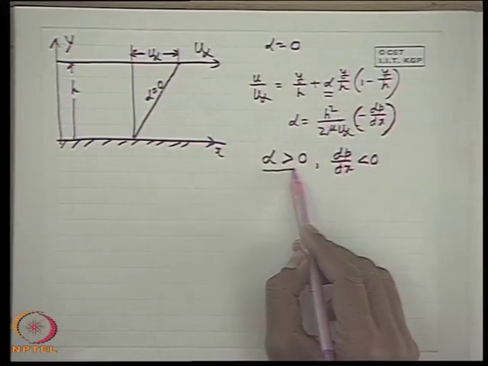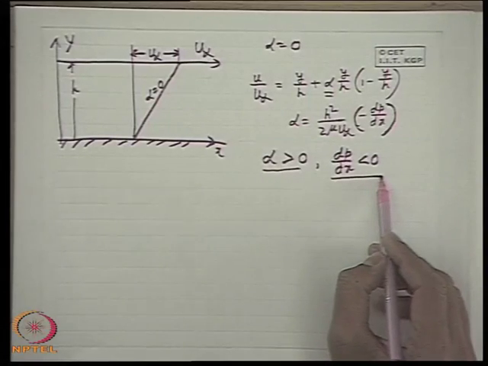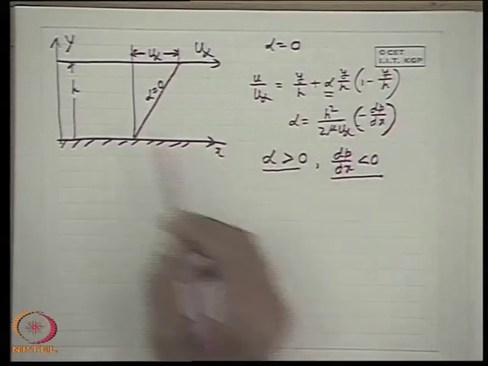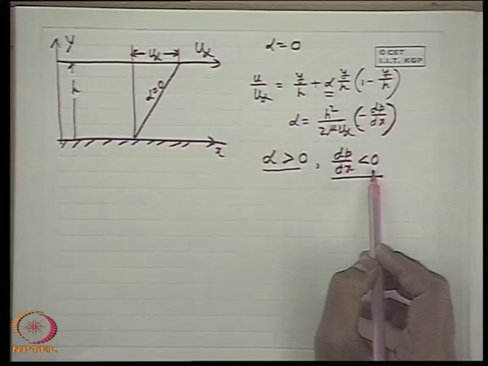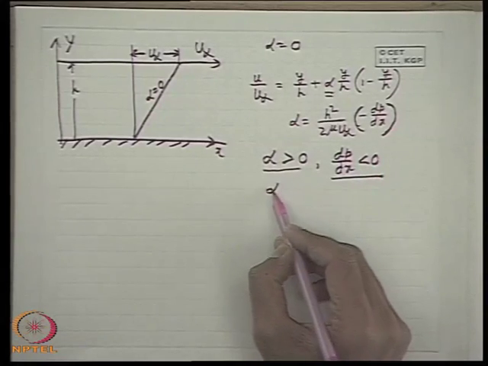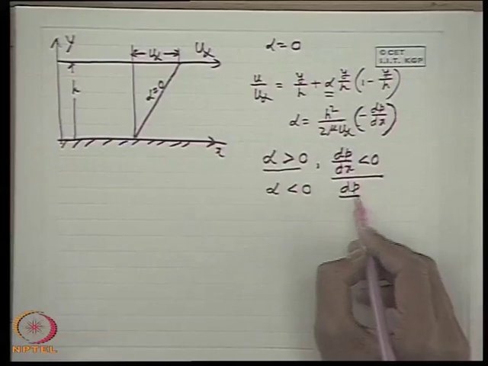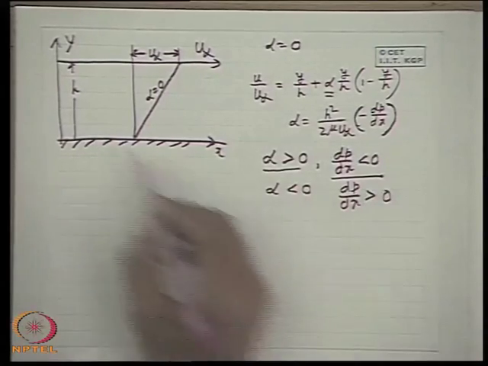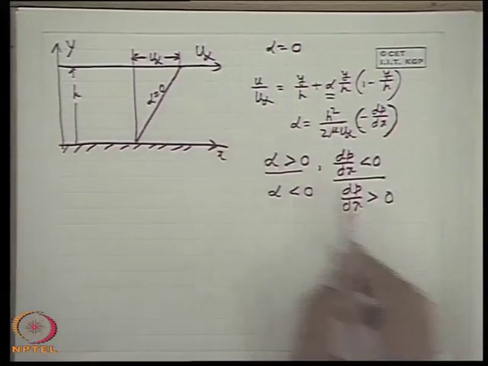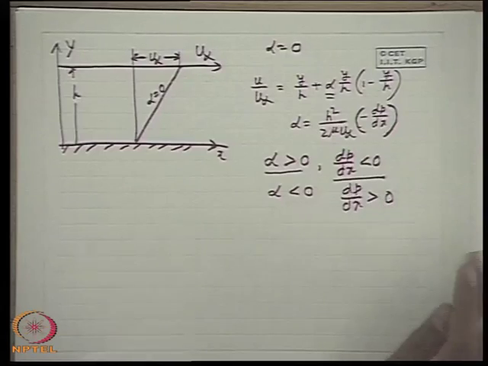One regime is alpha greater than 0, when dp dx is less than 0. That means this is a favorable pressure gradient, the pressure decreases in the direction of flow. Another regime is alpha less than 0, that is a negative value, which is associated with a positive value of the pressure gradient. That means pressure increases in the direction of flow, which is the adverse pressure gradient situation.